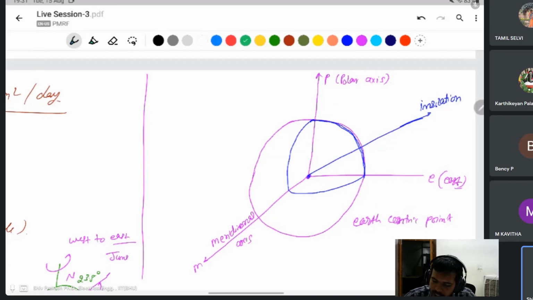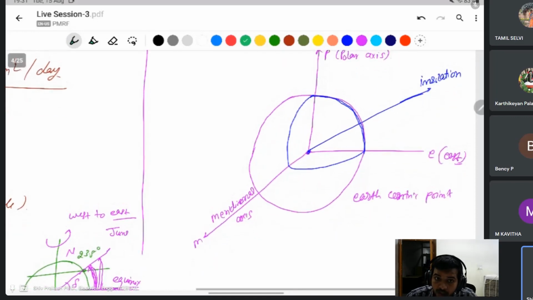The declination angle depends on the projection of this one at the surface. The angle made by them is known as the declination angle, delta.